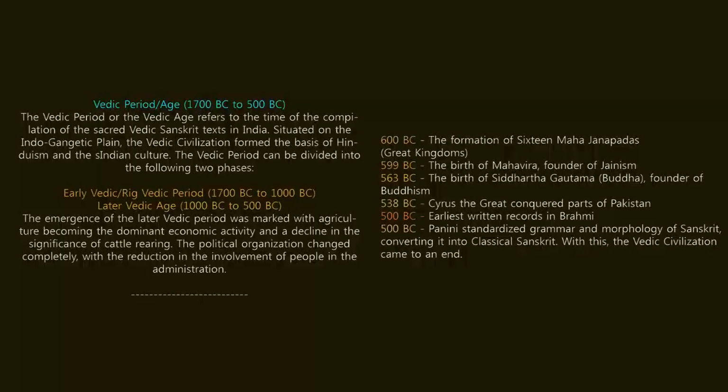Then we come across another culturally very rich phase in Indian history known as the Vedic period, which started around 1700 BC and went up to 500 BC. Though this Vedic period is not very significant in terms of its art productions, it did shape the Indian culture very significantly.